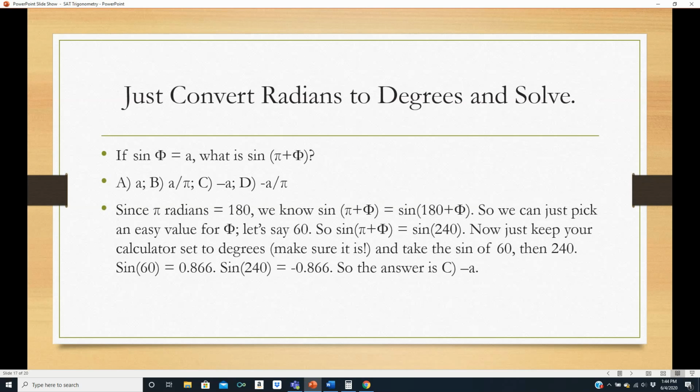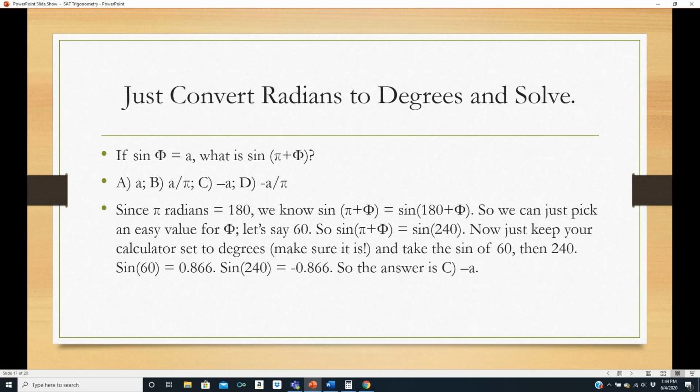For example, if sine of phi is equal to a, what's sine of pi plus phi? Is it a over pi, negative a, or negative a over pi? Well, since we know that pi radians equals 180, we know that sine of pi plus phi is equal to sine of 180 plus phi. So we can just pick an easy value for phi, let's say 60. So sine of pi plus phi is just going to be sine of 240.